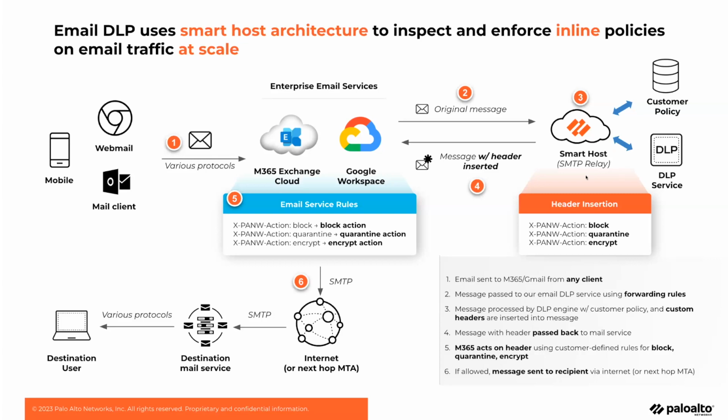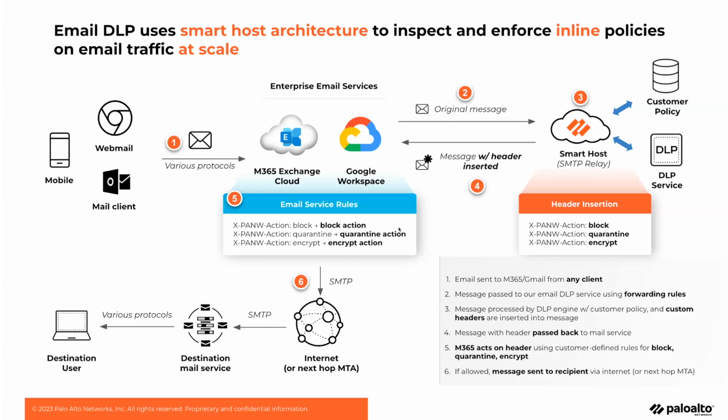Just a quick overview into how this actually works, because this is important. This works on the concept of what is called a smart host, where we attach the smart host to your enterprise email service of choice. Through that, we're able to inspect the contents of the email through the DLP service and recommend to the email service provider what to do.